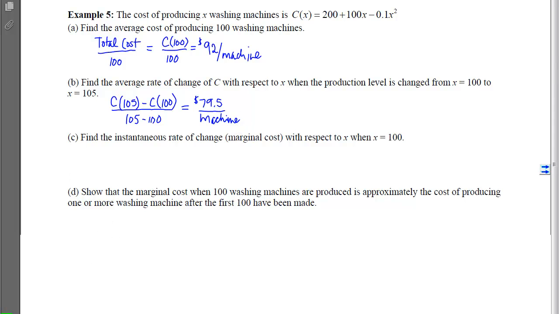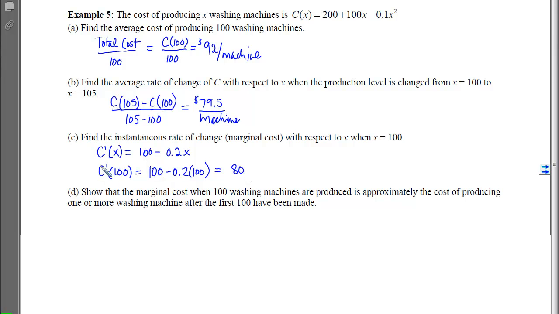For part C, we want to find the instantaneous rate of change, or the marginal cost, when x is 100. So we're looking at the instantaneous rate of change, which is the derivative, which will be 100 minus 0.2x, and then we want to evaluate that when x is 100 machines. So we'll have 100 minus 0.2 times 100, which is 100 minus 20, or 80.